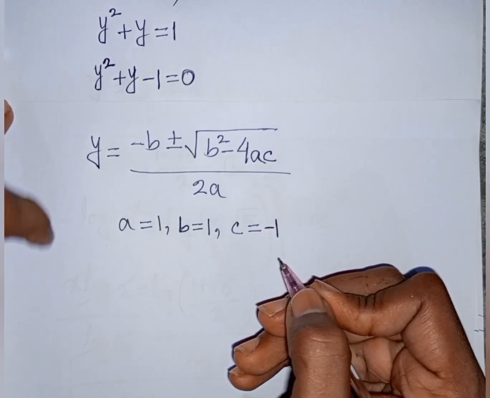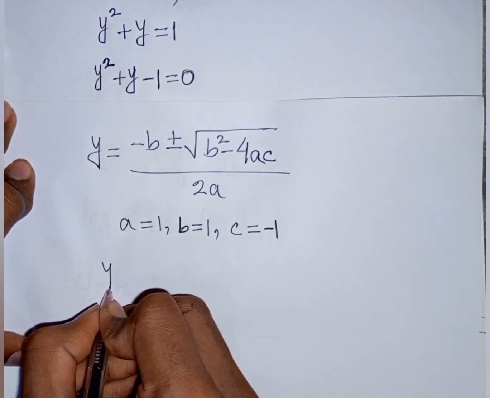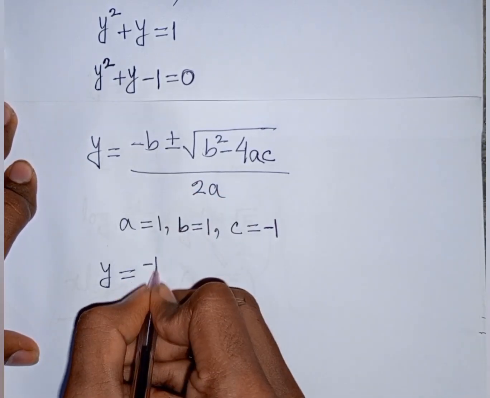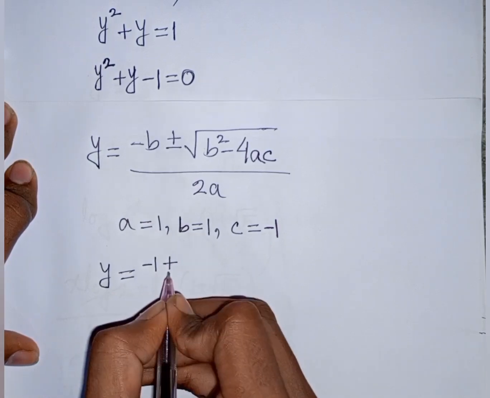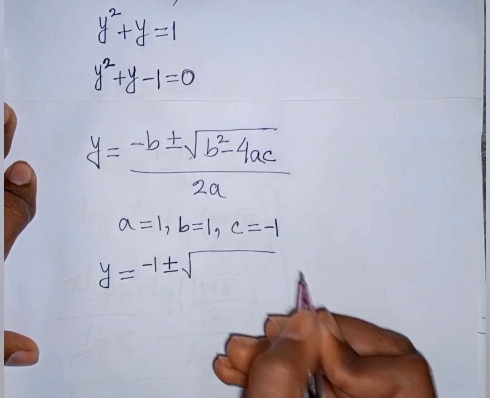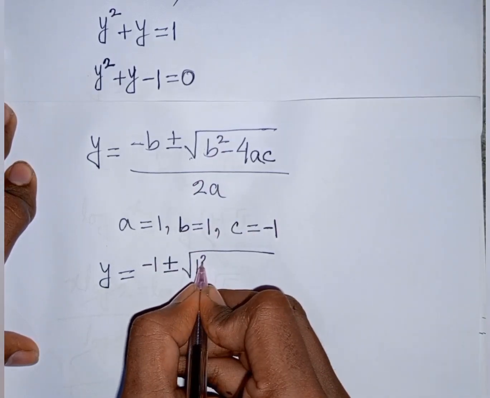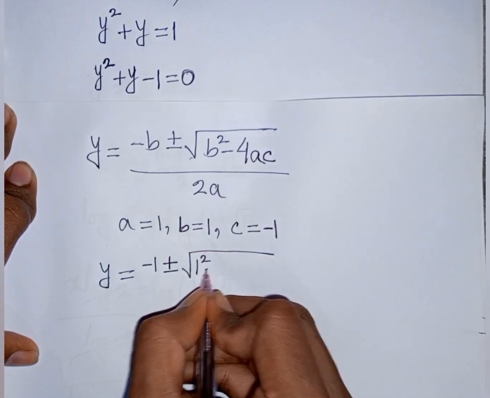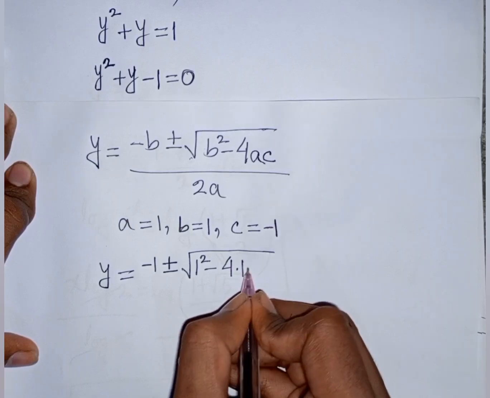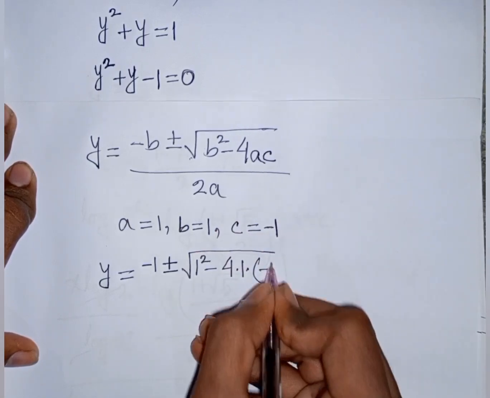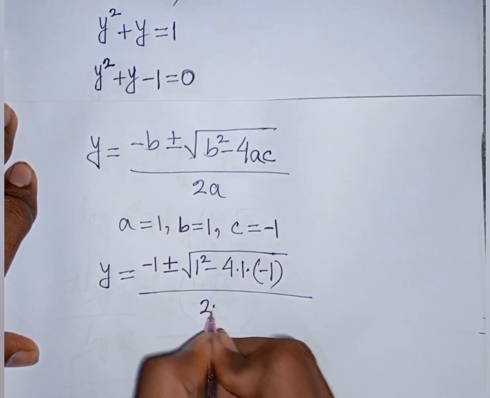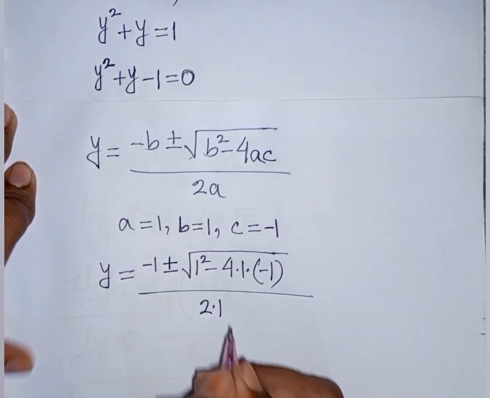Now y will be equal to minus b, that means minus 1, then plus or minus square root of b square, that means 1 square, minus 4 times a, that means 1, times c, that means negative 1, then divided by 2 times a, that means 1.